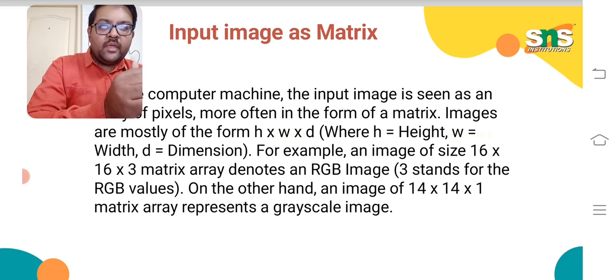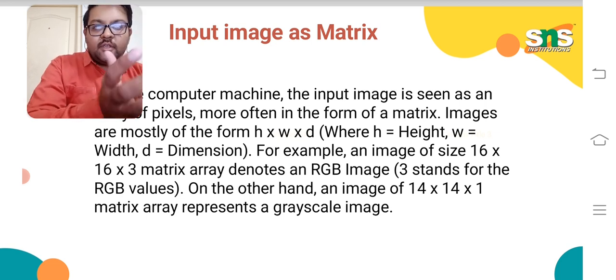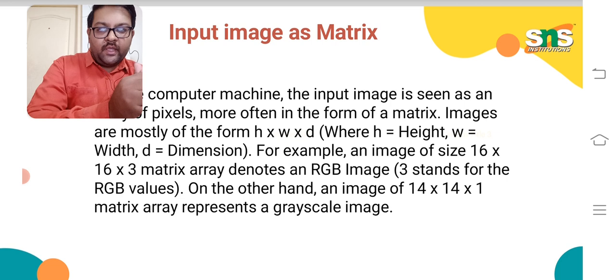For example, an image of size 16 x 16 x 3 matrix denotes an RGB, red, green, blue image. 3 stands for the RGB values, that is, 3-dimensional. On the other hand, a 14 x 14 x 1 matrix array represents a grayscale image, because that 1 represents the single dimension. So it has white and black values only.